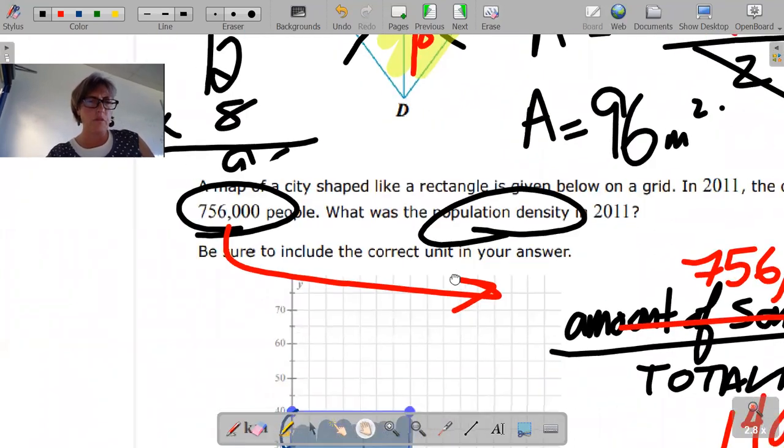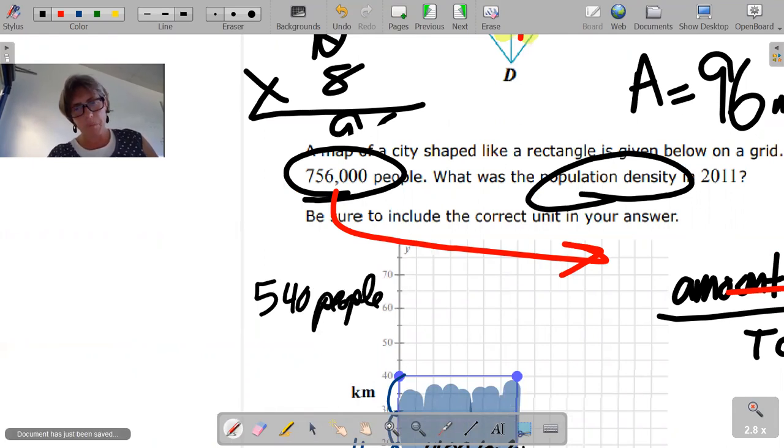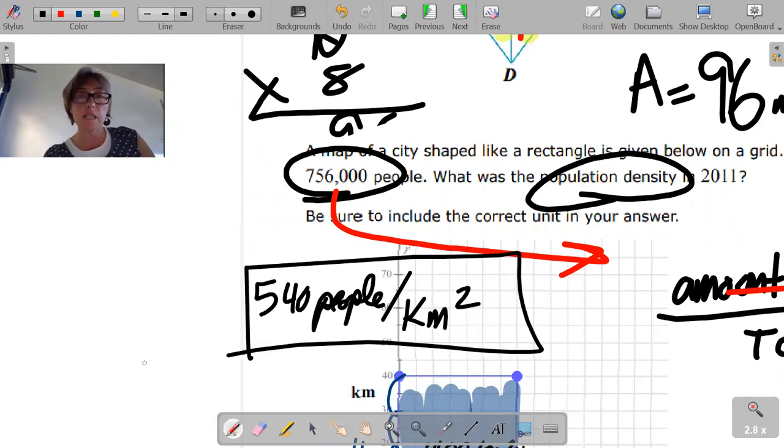We got 540. And the way you express density, it's 540 people per kilometer squared. So that is a density expression.